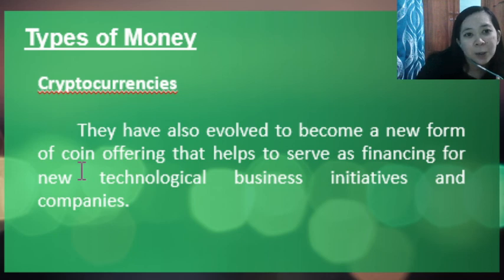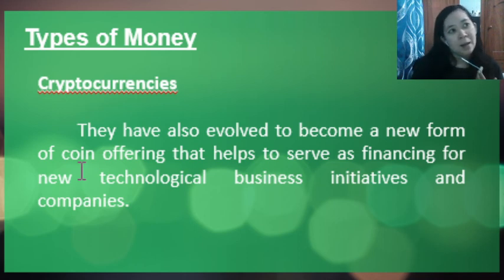They have also evolved to become a new form of coin as time passes by. It helps to serve as financing for new technological business initiatives and companies, depending on the government, the industry, and the institution, whether they accept cryptocurrencies as payment or not.